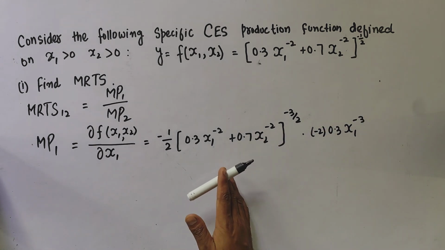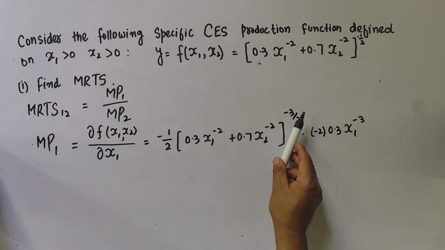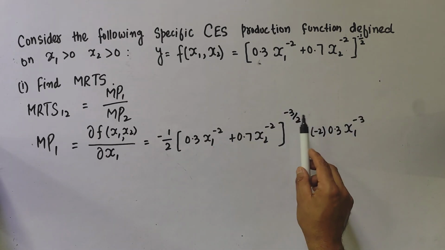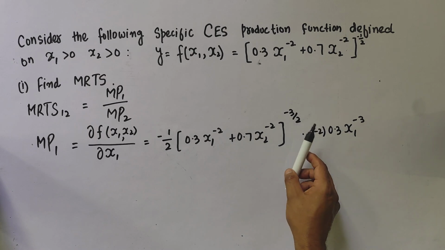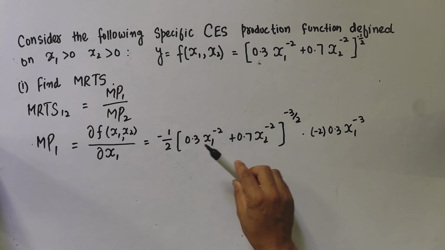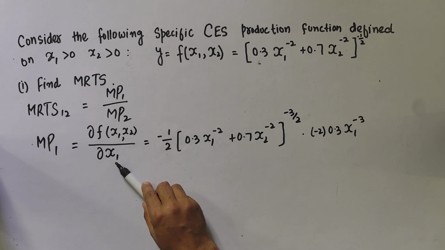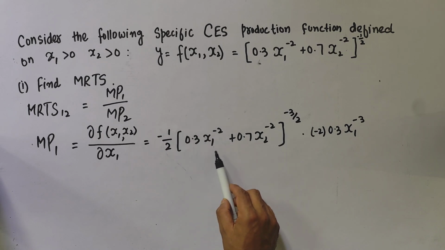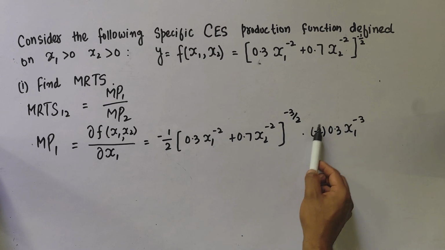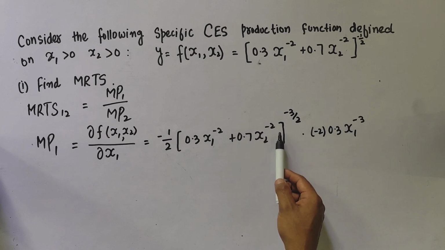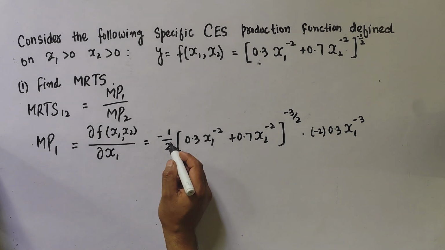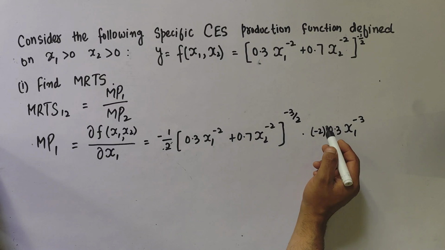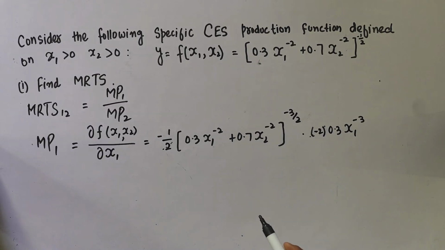So we are simply applying the chain rule here. First the power function rule, then we multiply by the partial derivative with respect to x1. The derivative of the x2 term is 0 because we are taking partials with respect to x1. Then this 2 and this 2 get cancelled.